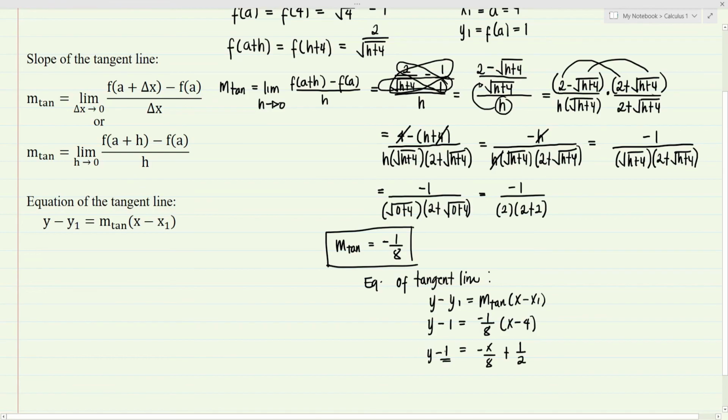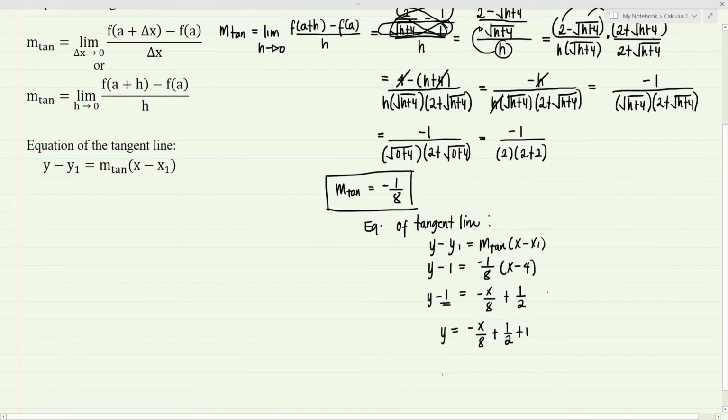I would have to transpose negative 1 to the right side. So I would have here y equals negative x over 8 plus 1 half, then plus 1, or simply the final answer is y equals negative x over 8 plus 3 halves.